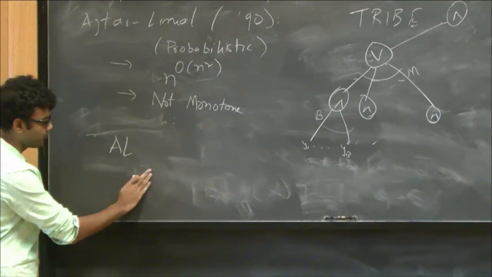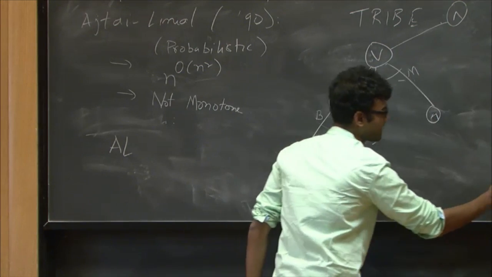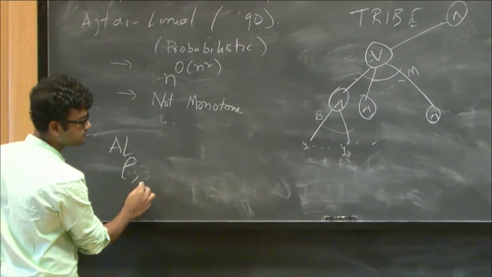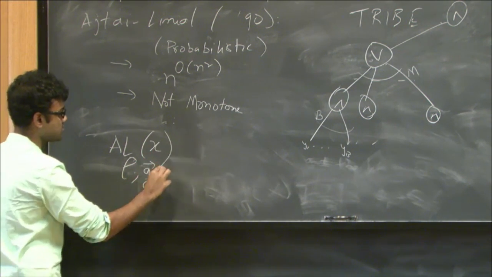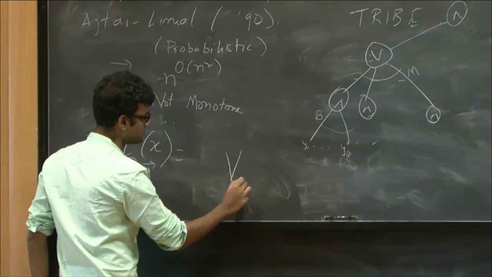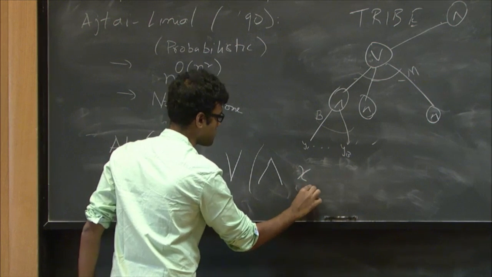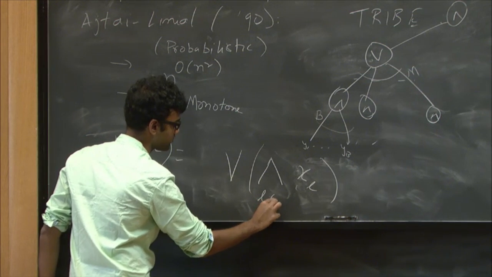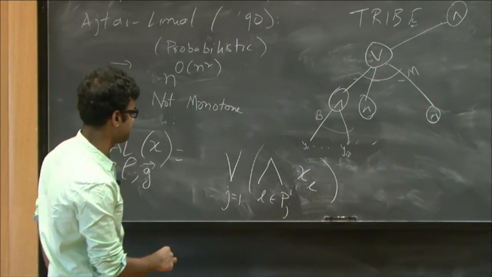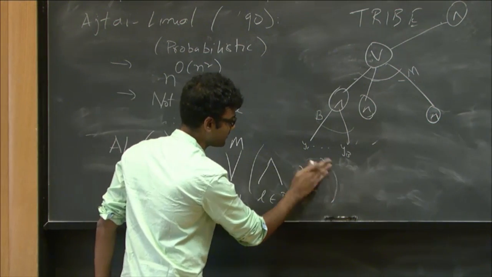And the Ajtai-Linial function with respect to this set of partitions and this set of functions g is an AND of these tribes. Yeah, just to negate some variables.